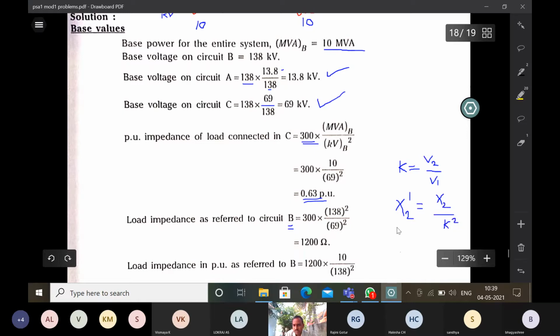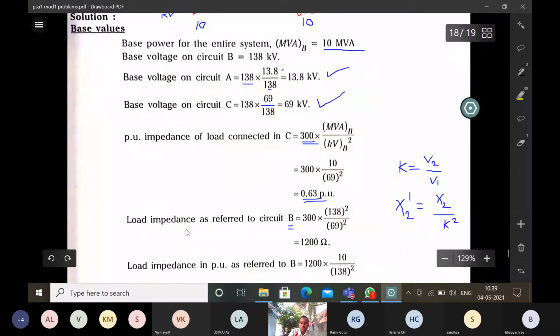You have learnt this in the equivalent circuit of a transformer, right? X2 dash is the secondary reactance referred to the primary side, given by X2 by K square.